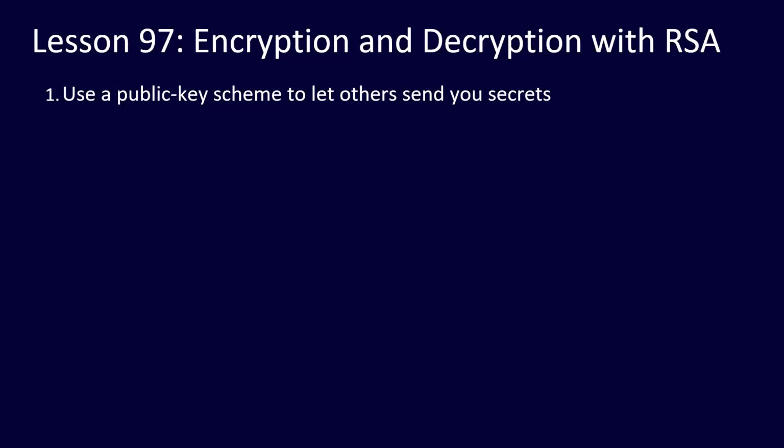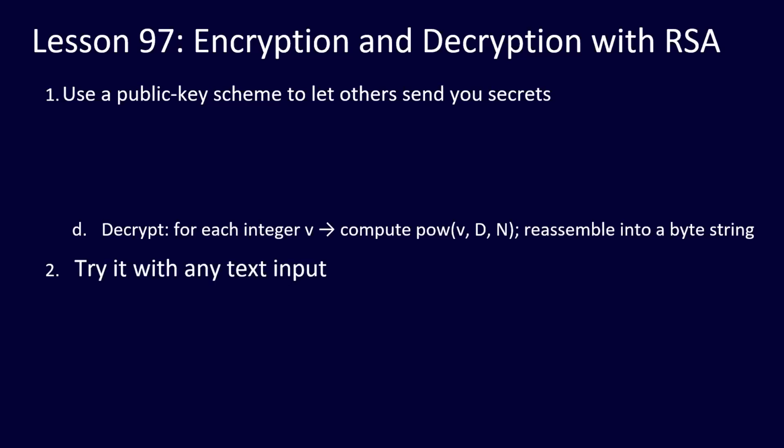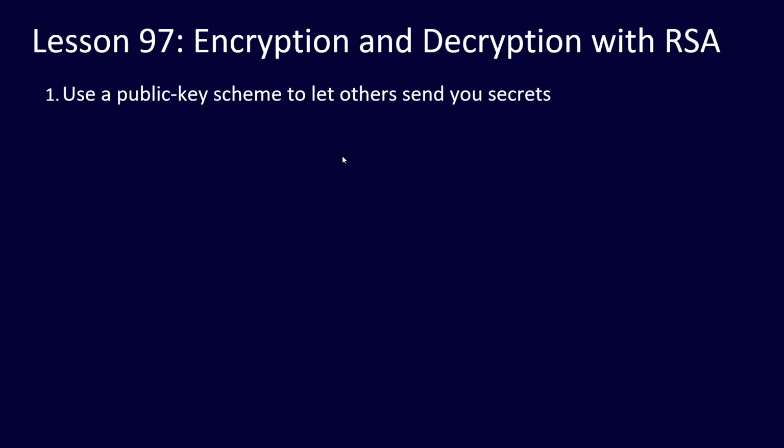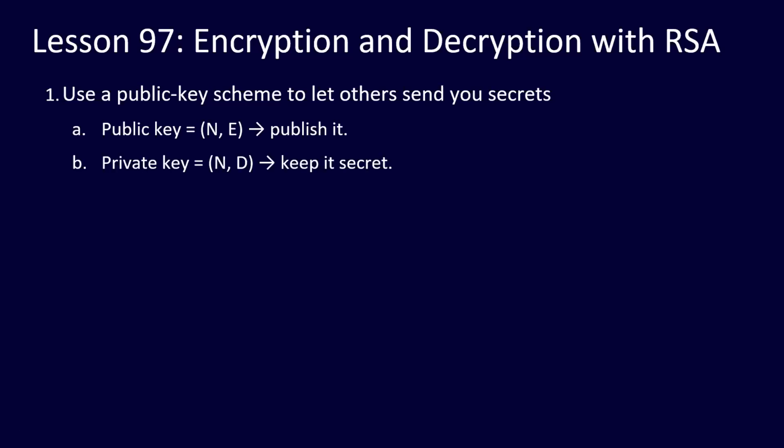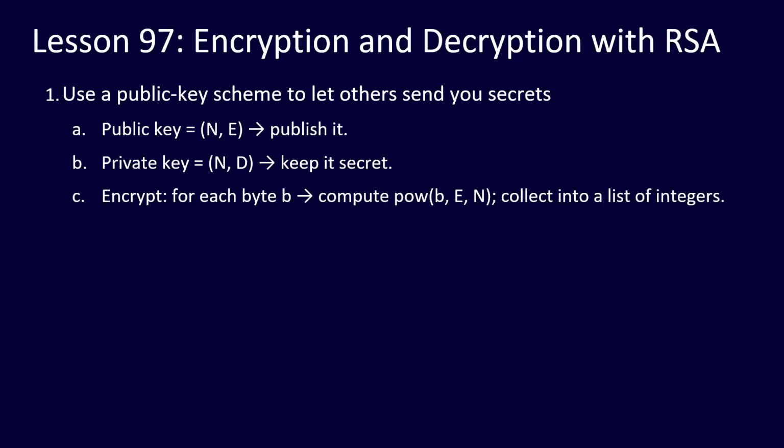And only you, who knows the secret key, can decrypt it. That's how it works. So let's go and work with it. The first thing to do is, as I said, the public key you made, (n, e), publish it, and the private key, (n, d), keep it secret.